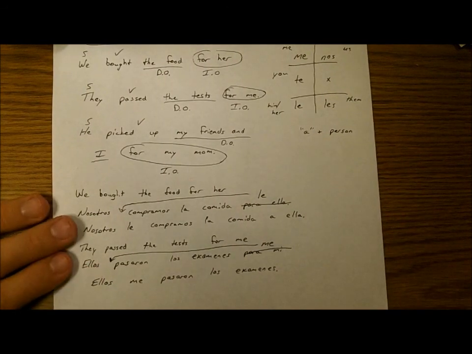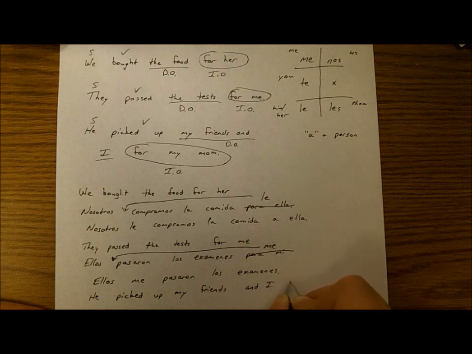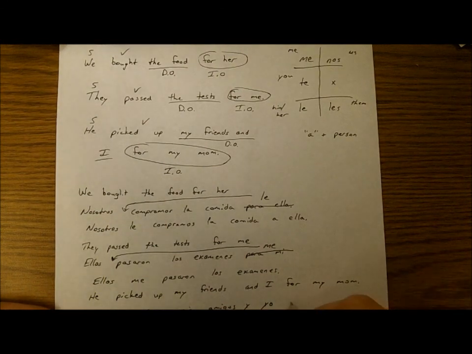Okay, the last example that we're going to do is he picked up my friends and I for my mom. So he picked up, now we know he would be él, recogió a mis amigos y yo para mi madre.